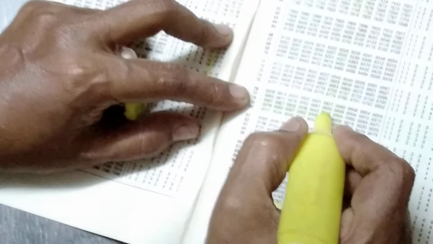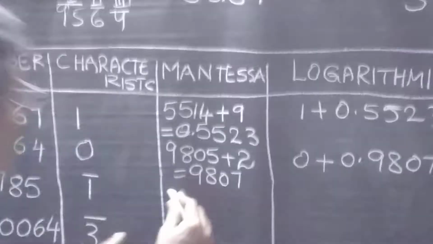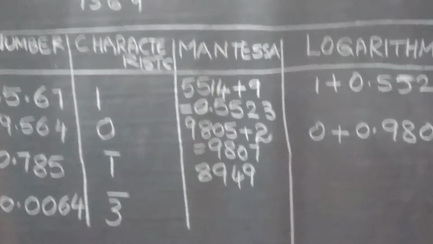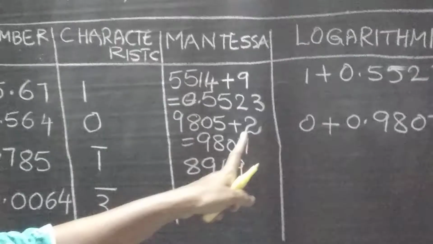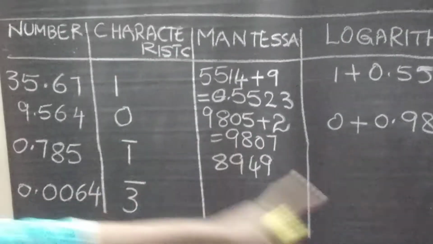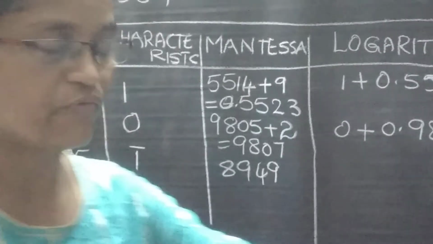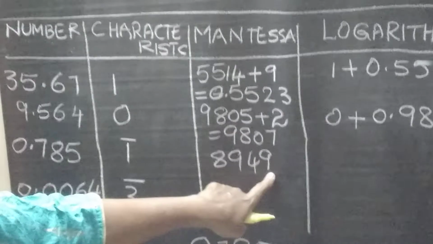What is the coincidence value? 8949. We need not add the mean difference value because there are only 3 digits. There is no 4th digit, so we need not add the mean difference value.